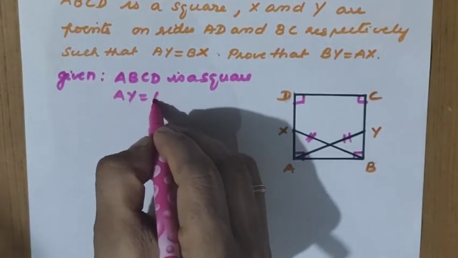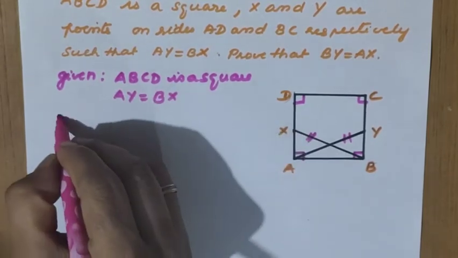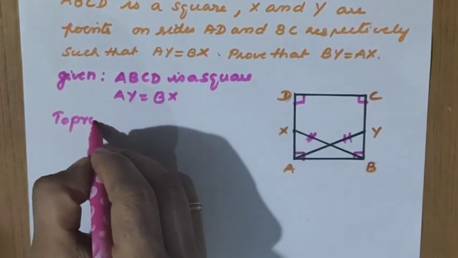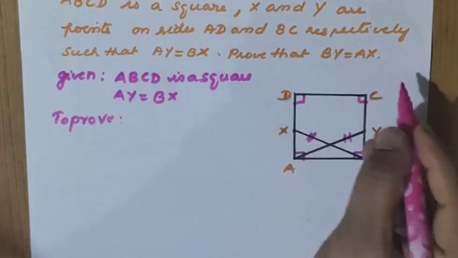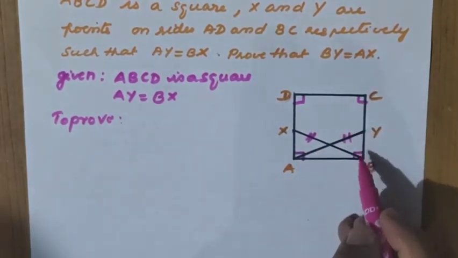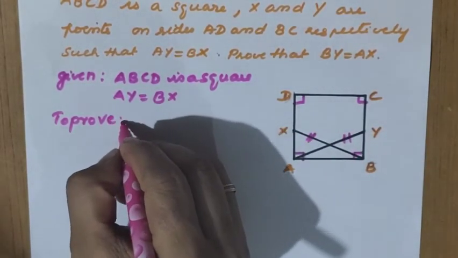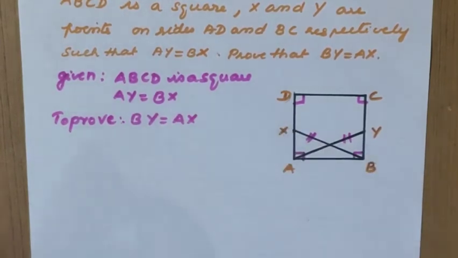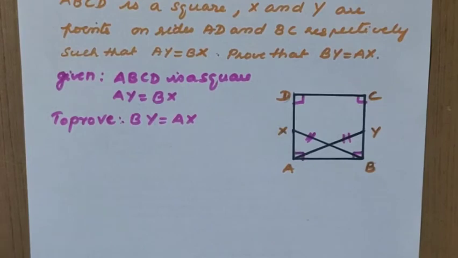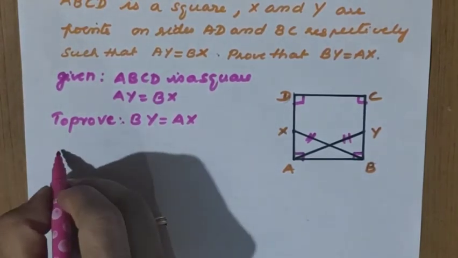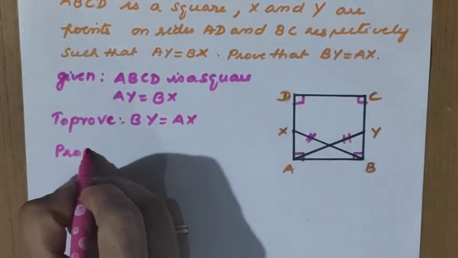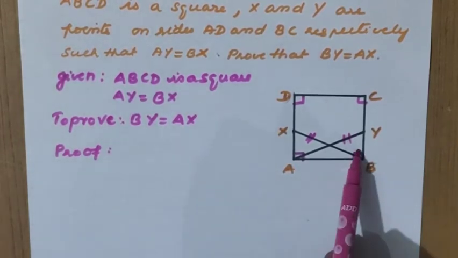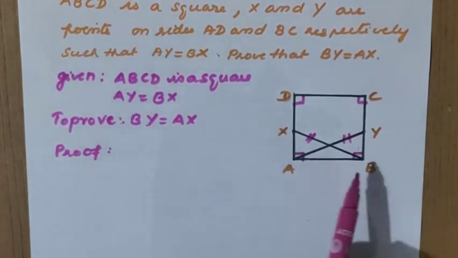That is again AY equal to BX. To prove, what is to be proved? BY equal to AX. Which is the side? This one, BY. So no construction, we have to go for proof only. So proof we are writing. BY should be one of the sides, right?